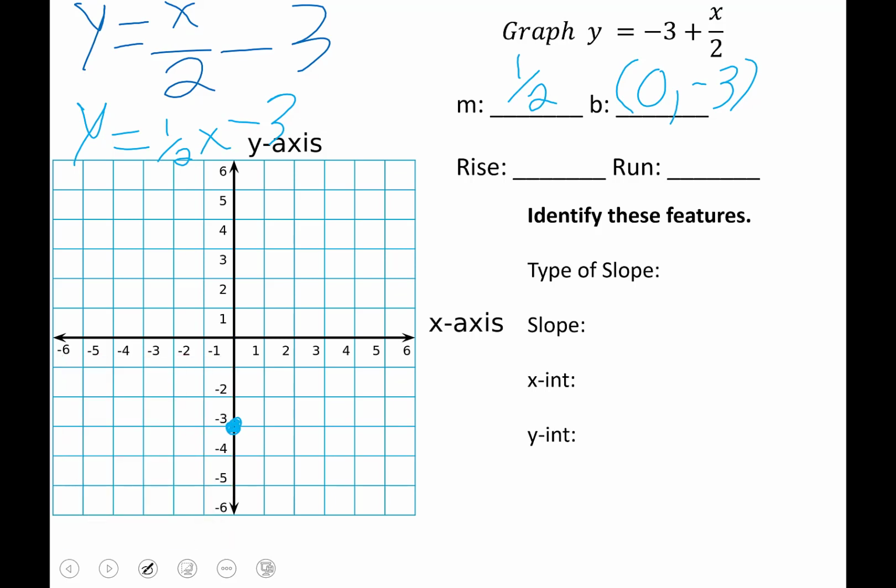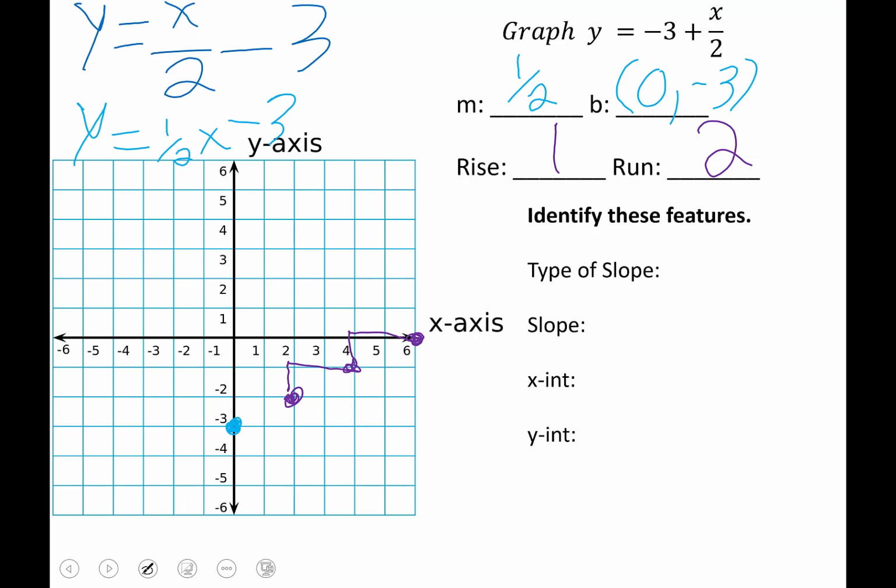From there, I'm going to use my slope, which is 1/2. So my rise is 1, my run is 2. Up 1, over 2.